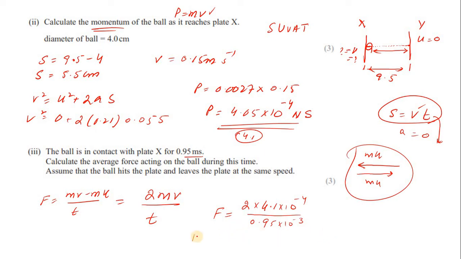F is equal to 0.863 Newton. You can round it off to 0.9 if you wish, or 0.86 Newton.